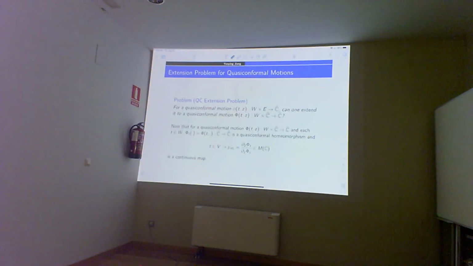But given t, you have a Beltrami coefficient for this quasi-conformal homeomorphism, and this is only a continuous map, which will not contract in the Kobayashi metric. That is actually a big problem, as you will see later. Anyway, that is the similar extension problem for quasi-conformal motion.